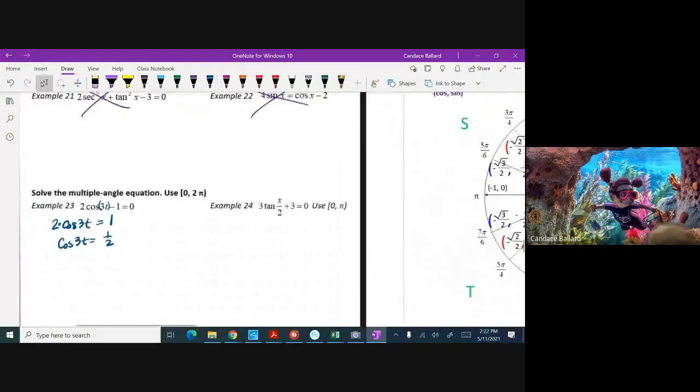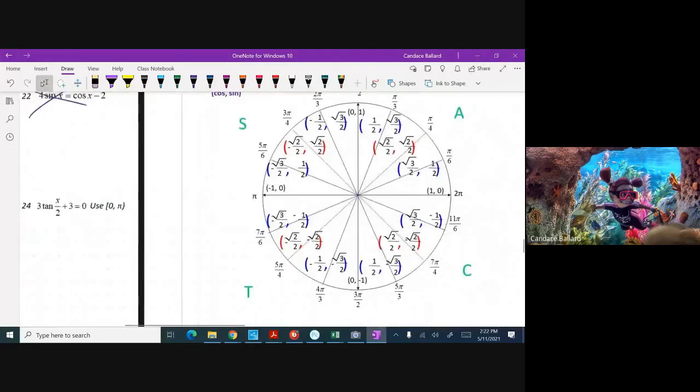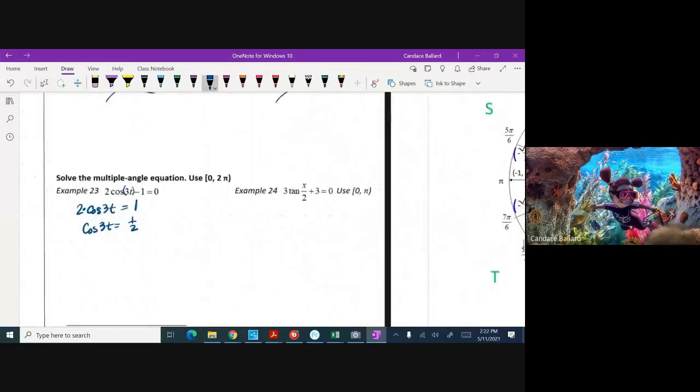Yay, I've got one hiding. All right, so we're going to find our x values that are positive 1/2. So I see one here, so pi over 3. I see another one here, so 5 pi over 3. And I'm going to write it a little differently than I did before. I would write x equals or theta equals or t equals and just list them. But I'm going to write it as pi over 3 and 5 pi over 3.